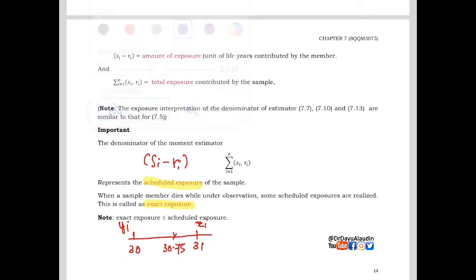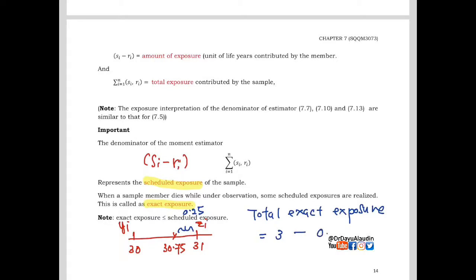So the difference here is 0.25. To get the total exact exposure is equal to scheduled exposure, which is 3, like in example 1, minus the difference 0.25.